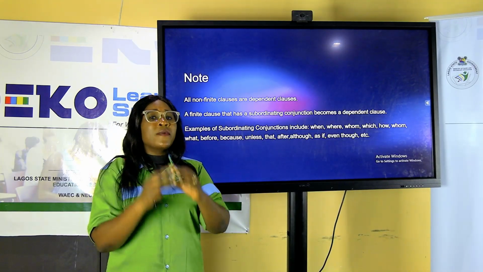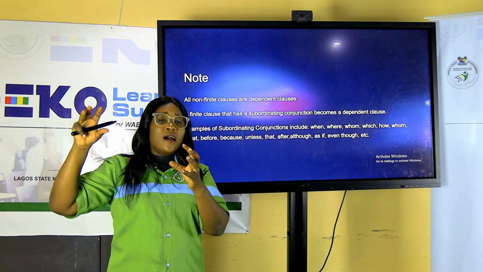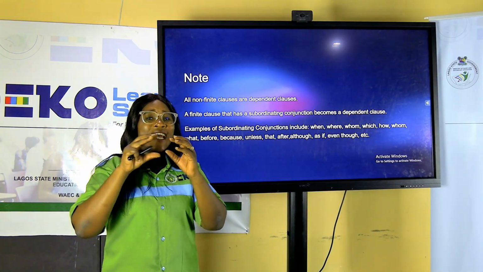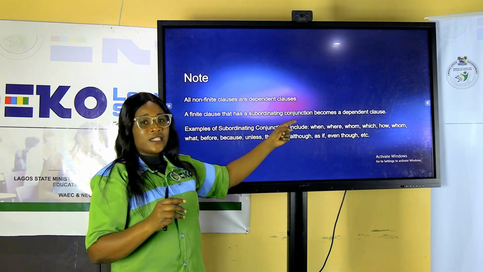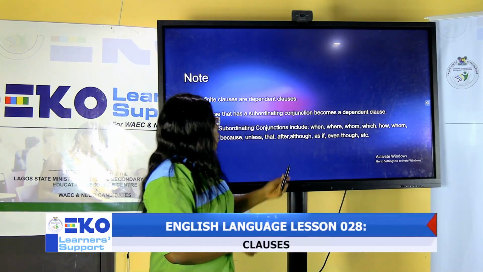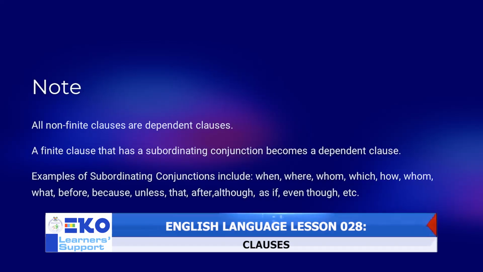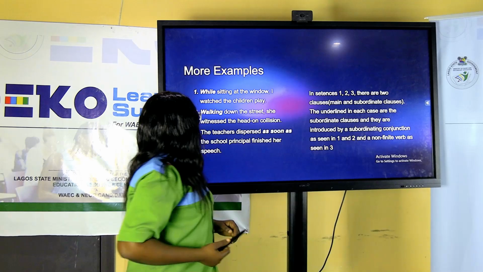So when a subordinating conjunction introduces a clause, that clause becomes what? A dependent clause. Okay? Examples of subordinating conjunctions include when, where, whom, which, how, and all the others here.